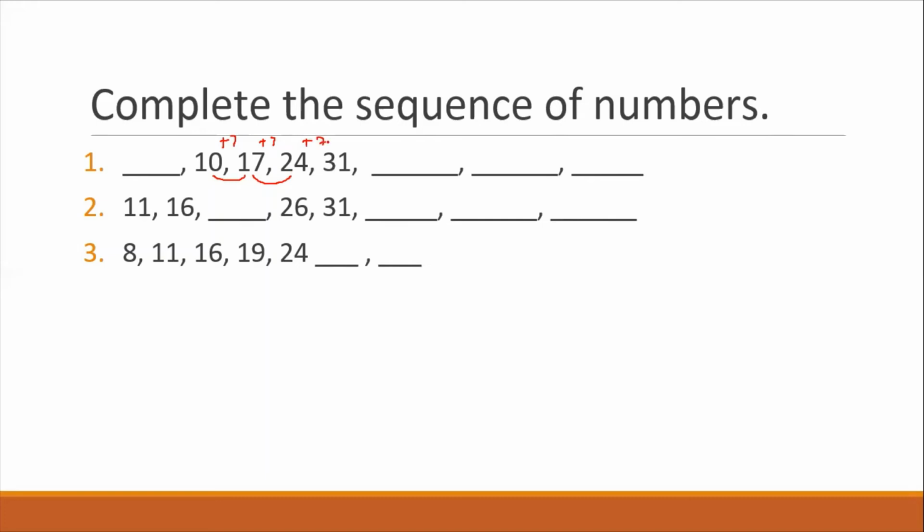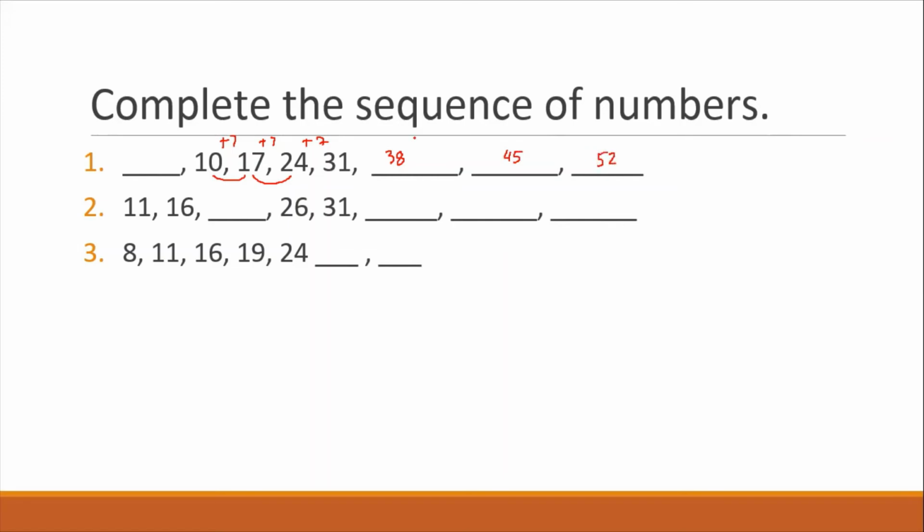So it means the pattern for our number 1 example here is plus 7. So 31 plus 7, that is 38. 38 plus 7, that is 45. And 45 plus 7, that is 52.